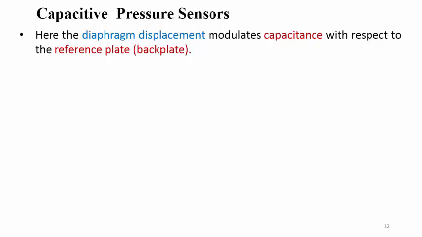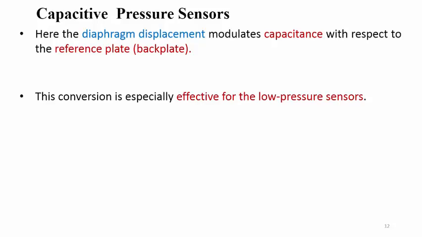The next type of pressure sensor is the capacitive pressure sensor. In this particular capacitive sensor you will find the diaphragm displacement, which modulates the capacitance with respect to the reference plate or back plate.